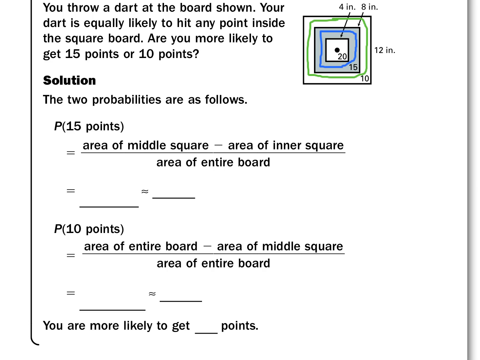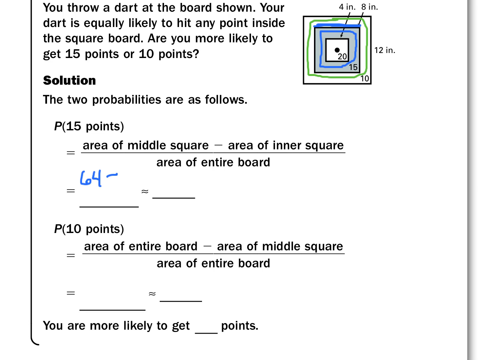Okay, so the probability of each of the events occurring. So for the 15 points, we want to take the area of the middle square. So we want to take this area right here, which is 8 by 8. So that would be 64 square units, minus the area of the 20 pointer.